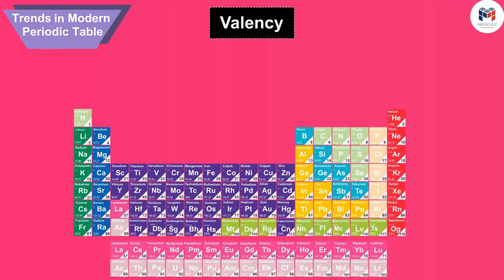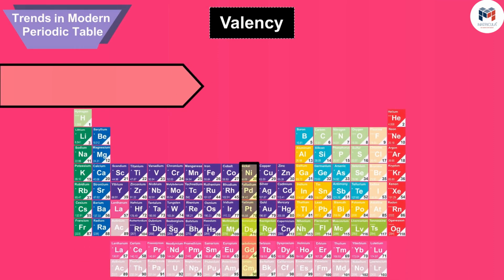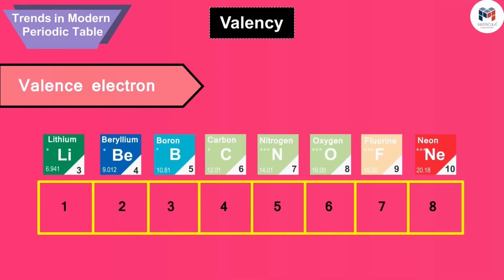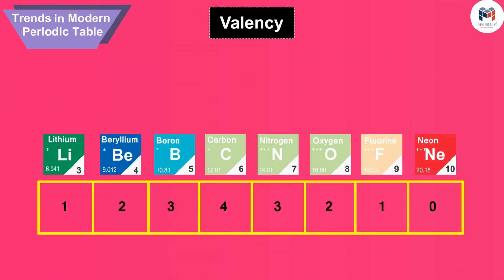On moving from left to right in a period, the number of valence electrons in elements increases from 1 to 8, and therefore their valencies can be found by the number of these valence electrons.